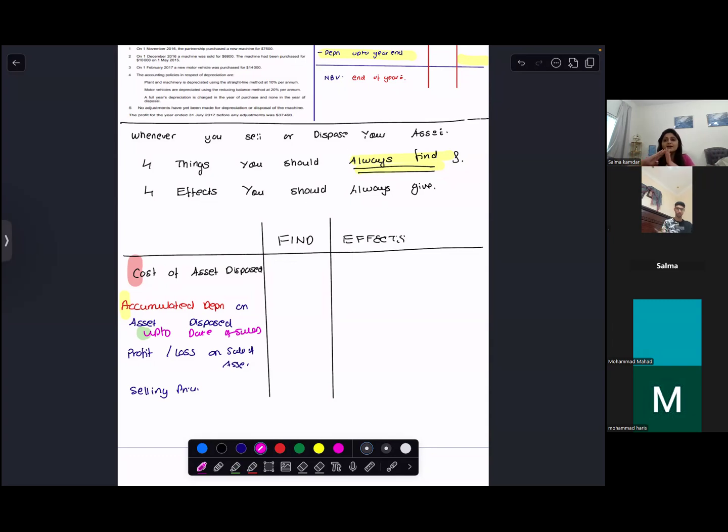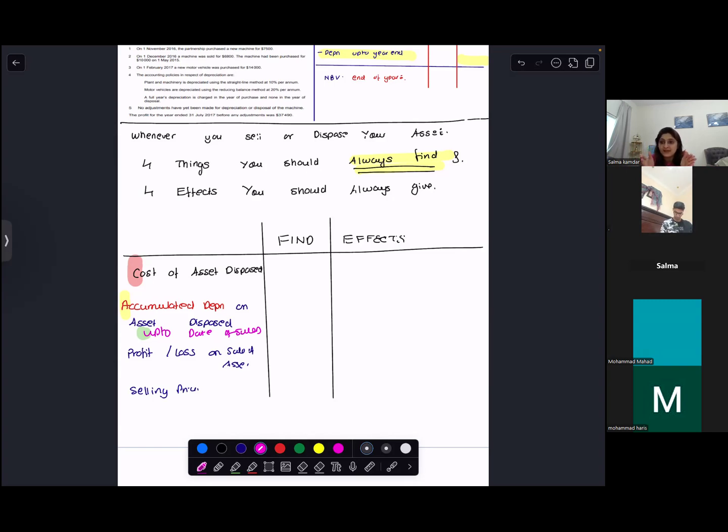Whenever you are disposing of an asset, you have to forget everything and run behind your asset disposed. Find out four things related to asset disposed and give effects of them: cost, accumulated depreciation, profit or loss on sale, and the selling price.